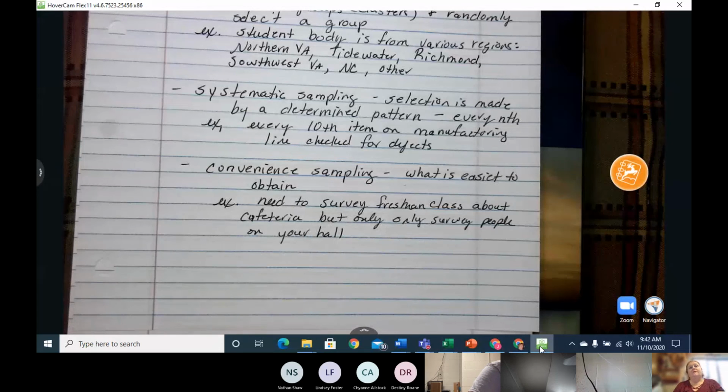You've collected data from freshmen, but they might not necessarily be representative of everybody on campus. Convenience sampling is one of the most used techniques for sampling. It might not be the best, but it happens to be what's used most often in sampling.